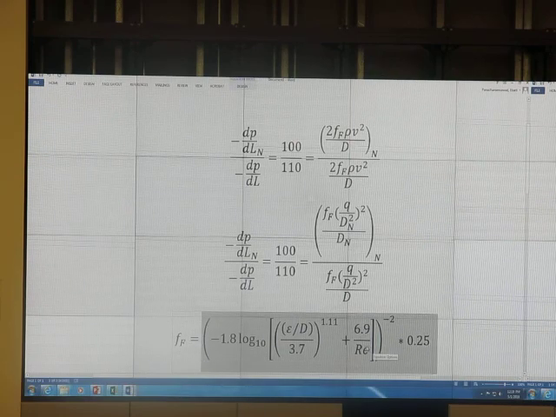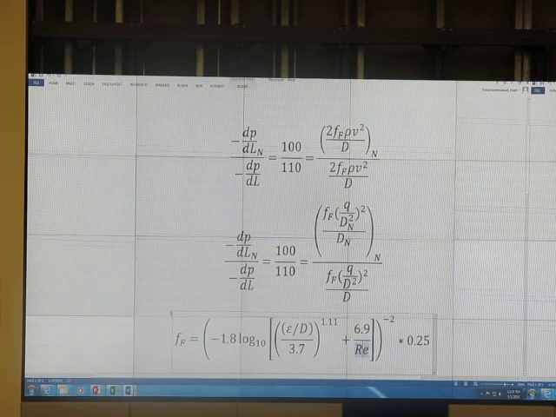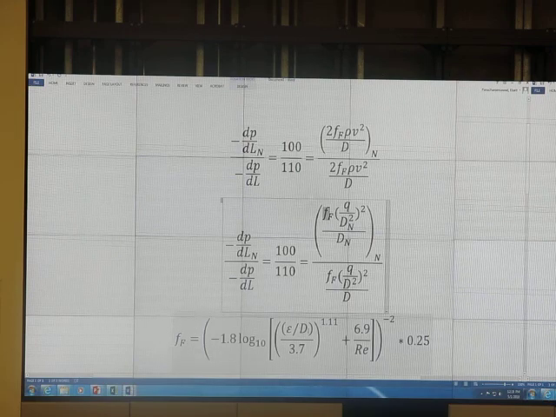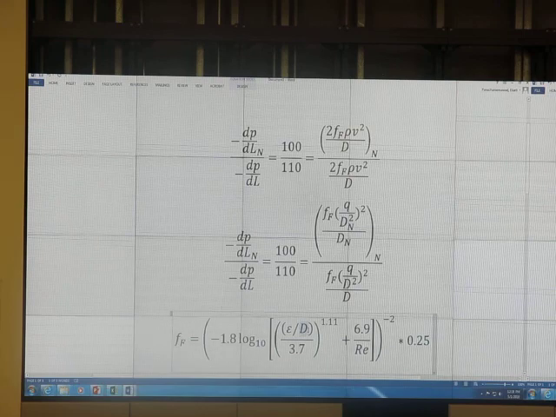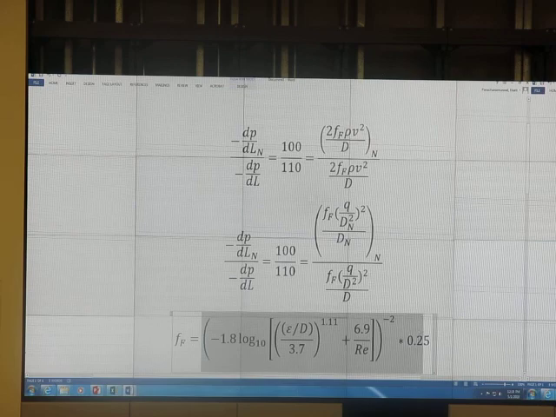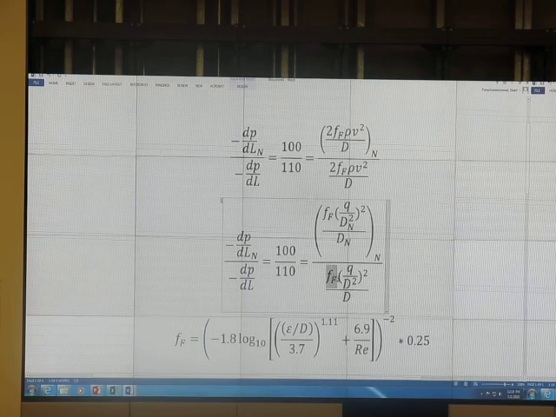So the friction factor is this whole term, right? Reynolds number is rho VD over mu. If I substitute this whole thing over there based on D sub n, the diameter with no deposition, and I also substitute this whole term over there based on the new diameter, then I have one equation, one unknown, right?